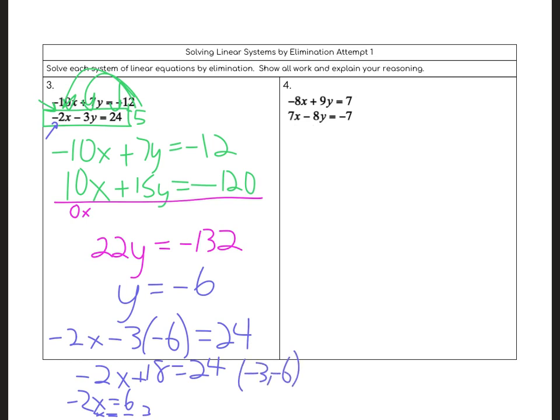On the next one, I have an 8 and a 7 and a 9 and an 8. Those are both difficult to make into the same number, so I'm going to go ahead and multiply both equations. I'm going to multiply this one by 7 and this one by 8. So that's going to give me negative 56x, distribute this in, plus 63y equals 49.